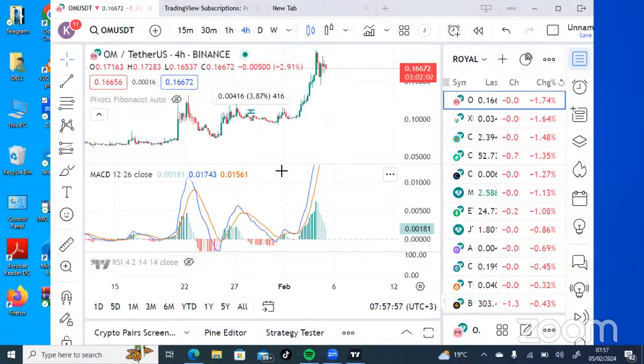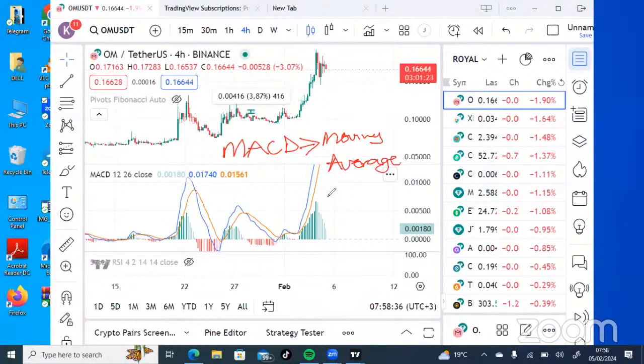The indicator that we are going to look at for today is an indicator called MACD, and this stands for moving average convergence divergence indicator.